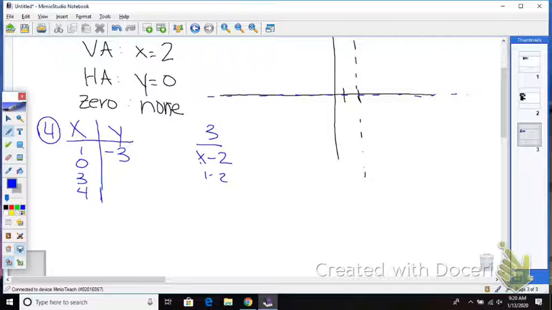Then I'm going to plug 0 in, and I have 0 minus 2 on the bottom, so that gives me 3 over -2, which is negative 1.5.